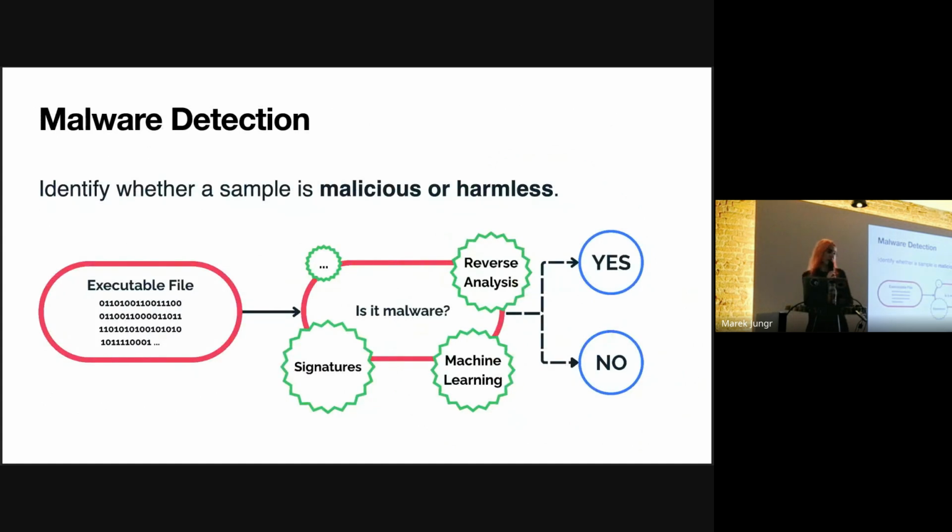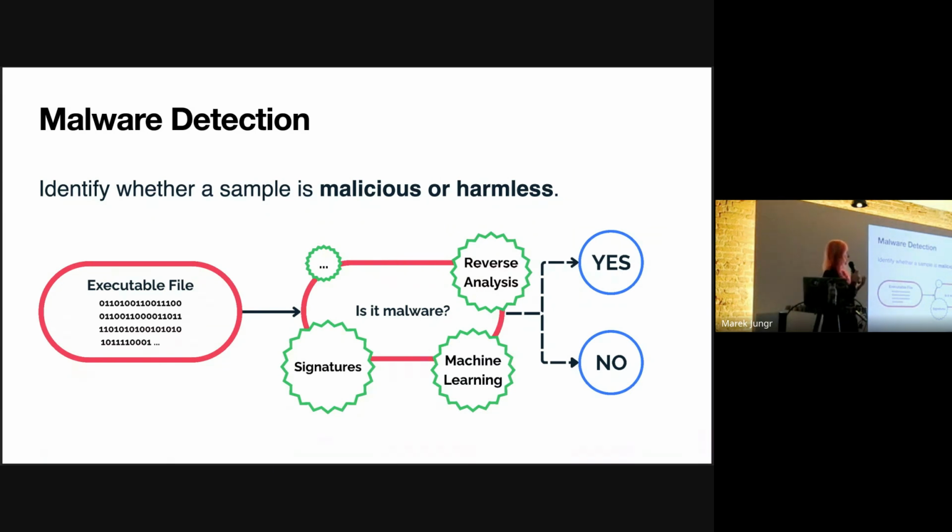Maybe first say what malware detection actually is. You can look at it as a binary classification in the simplest case, which is just saying whether some sample is malicious or harmless. When you download a file from the internet, what your antivirus software does is basically answer this question as well.